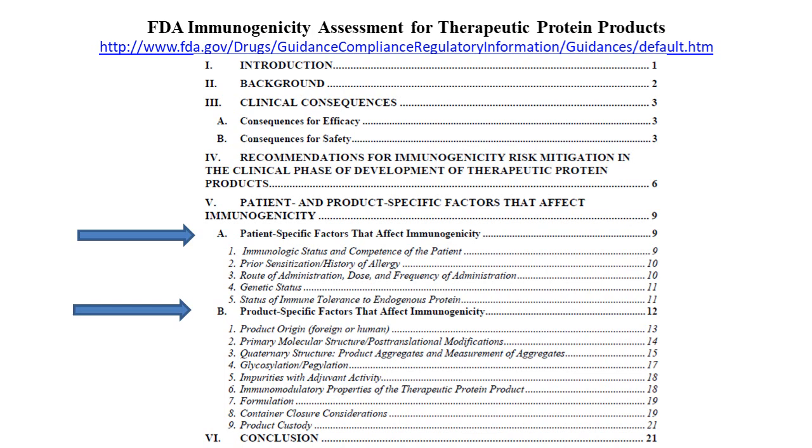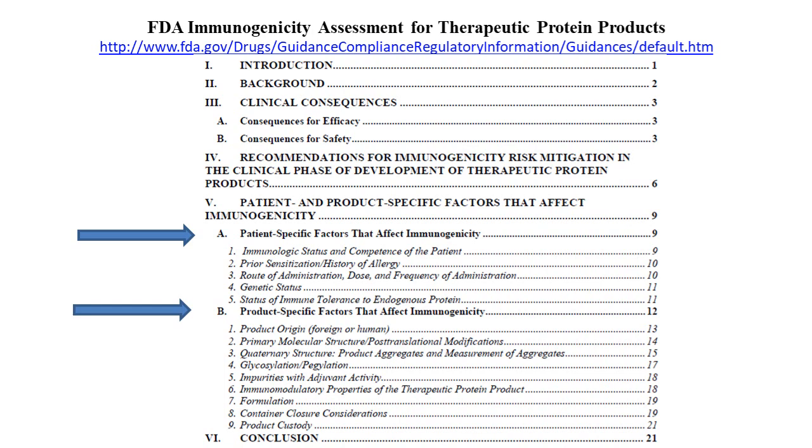And it could be compromised because of either the disease that the patient has or the medications that a patient is receiving. So if you're looking at potential immunogenicity in a population of patients with cancer, for instance, who are taking heavy chemotherapy, you might not see the full immunogenicity potential of the drug if you're looking at this population.